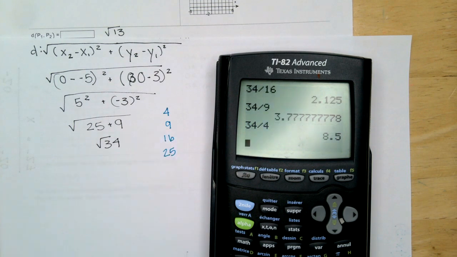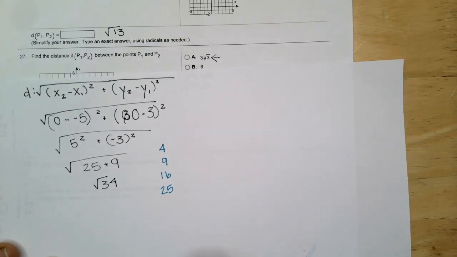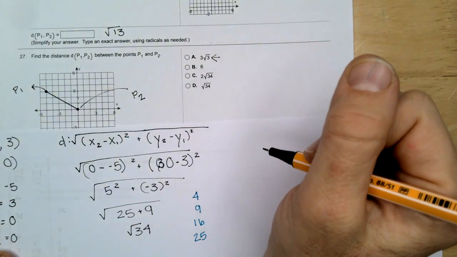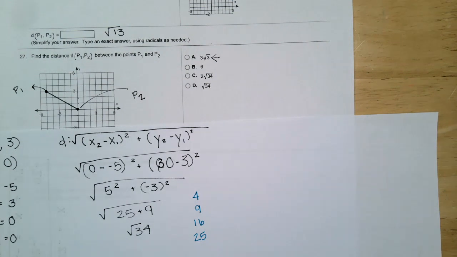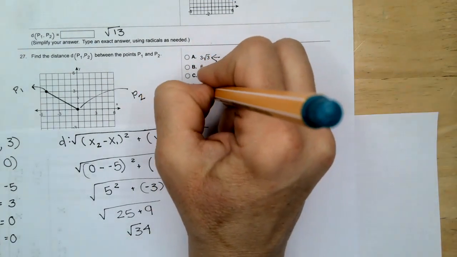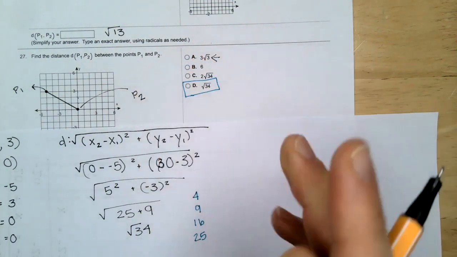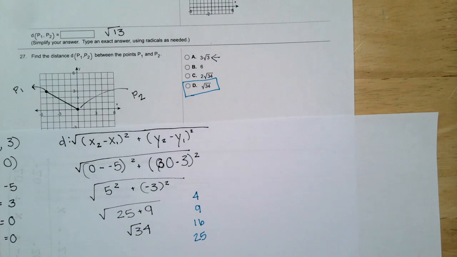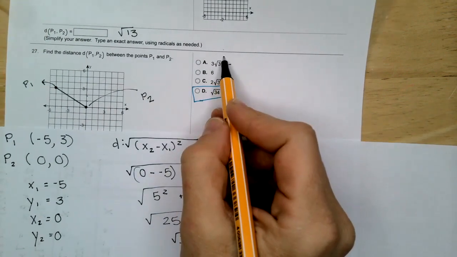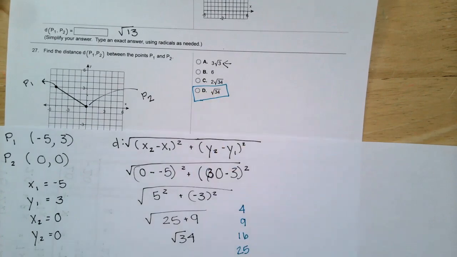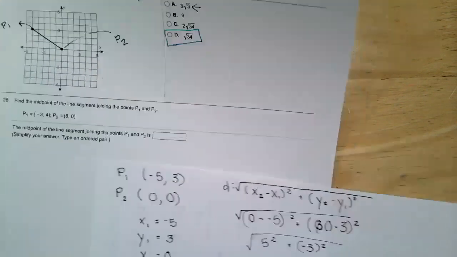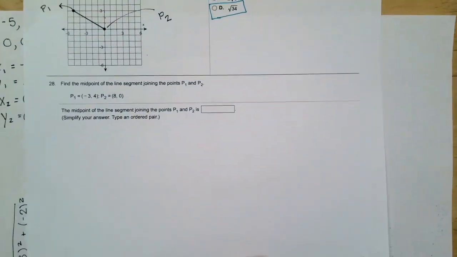Darn it. All right, well, that didn't work either. It's just the square root of 34, but it is possible on the exam that you might have an answer that would look more like this. Darn. All right, that's the whole point of putting that question on there.